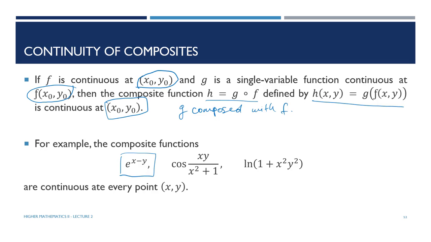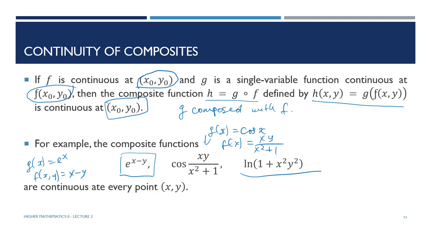For example, the composite functions here. Here we have two functions, f and g. g of x is e to the x, f of x, y is x minus y. So this is the composite function. Another: g of x is cosine of x, and f of x, y is xy over x squared plus 1.